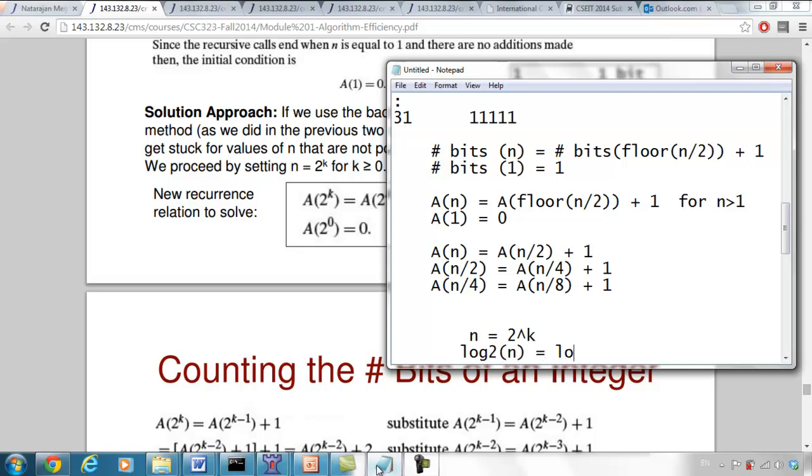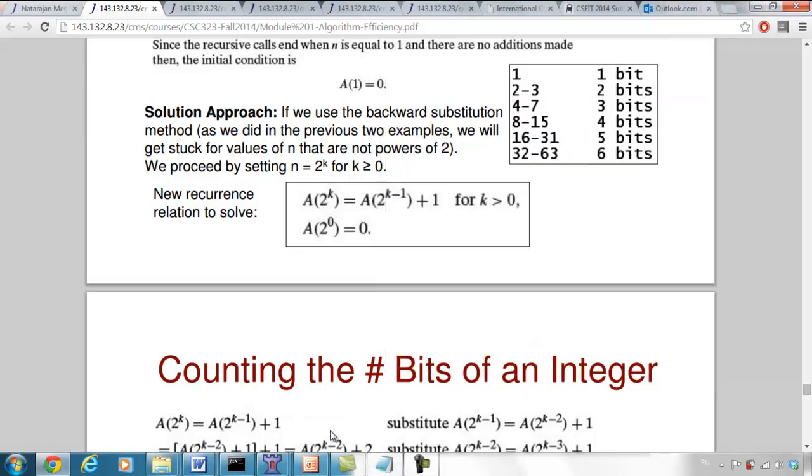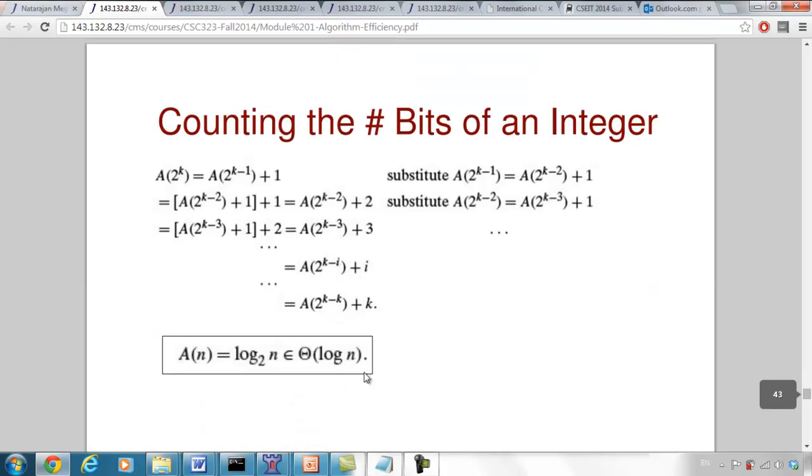So that is log of 2 raised to k to the base 2, which is simply k, because this is k times log 2 to the base 2. Log 2 to the base 2 is 1, which leaves simply k. So k is essentially log n to the base 2, and that's what we are replacing here. Okay, and log n to the base 2 is simply written as log n. So the number of additions that you need to compute the number of bits needed for an integer is basically that of log n.